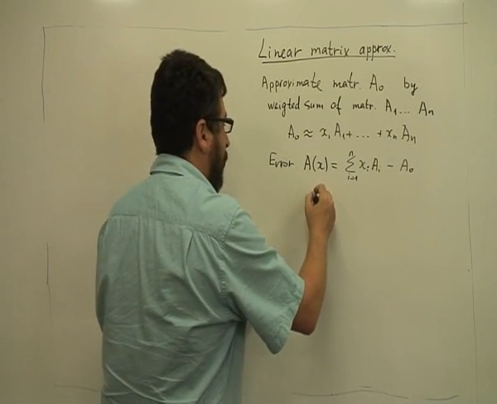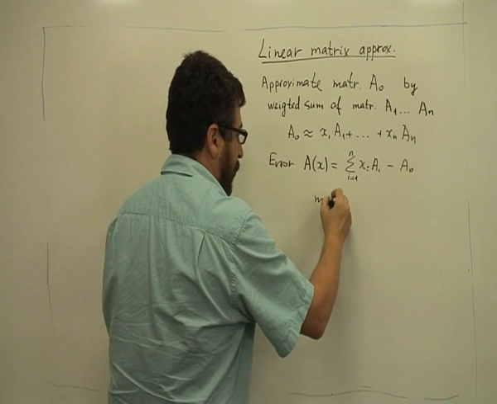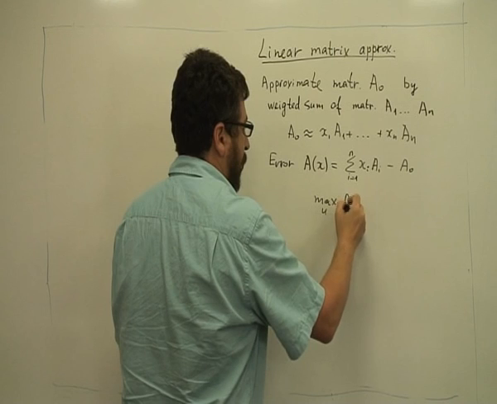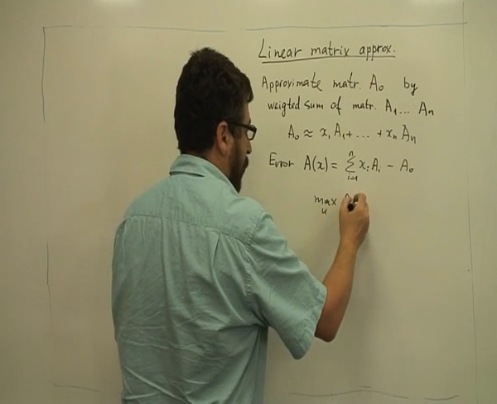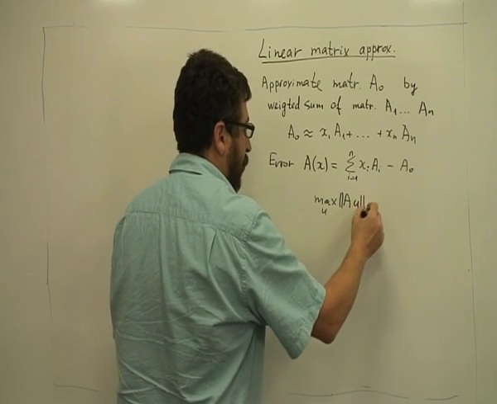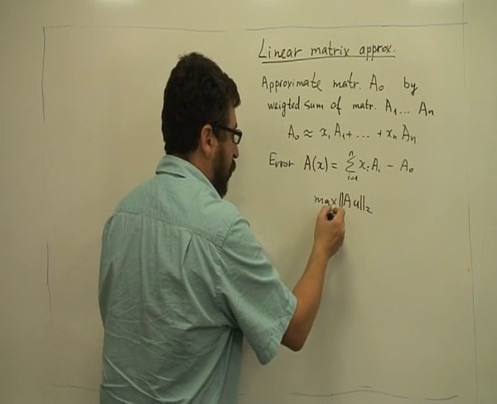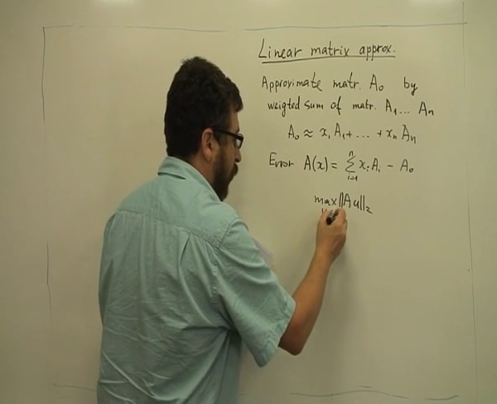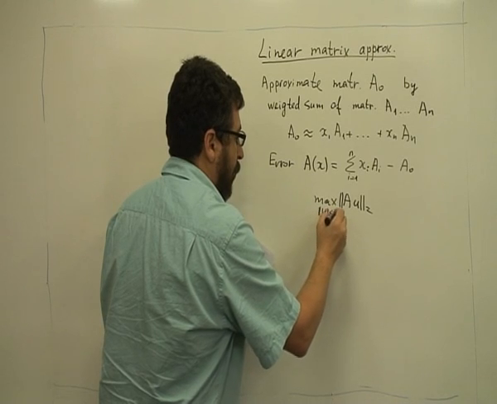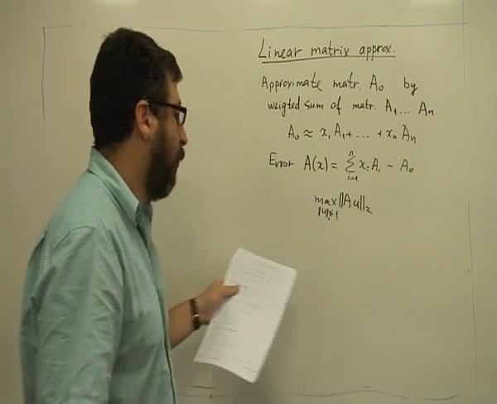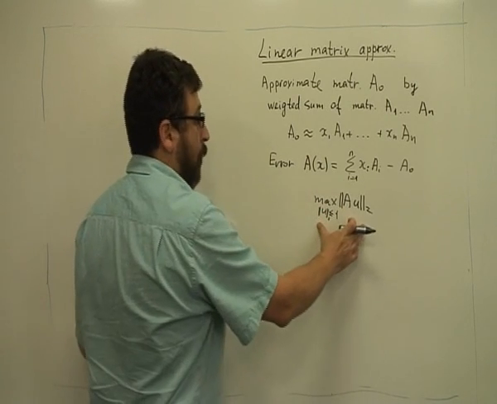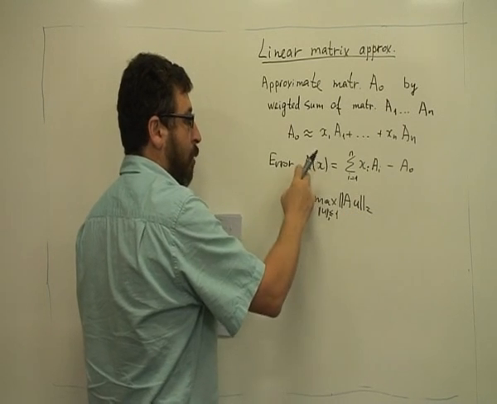It's the maximum over u of the usual Euclidean norm of A u, but u should be restricted to the unit ball, for example, the Euclidean norm of u less than or equal to 1. That's one of the definitions. So we would like to minimize this property of the error matrix.